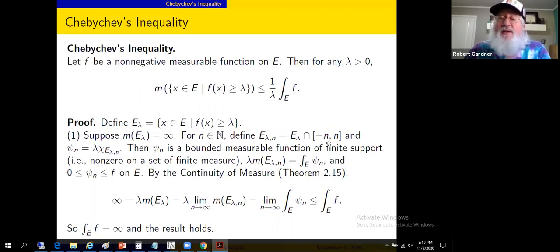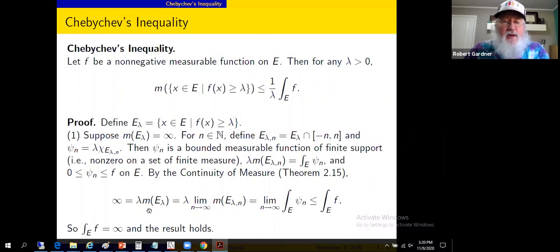And if we take a limit as n approaches infinity, the E sub lambda n will equal E sub lambda. These are nested sets, these E sub lambda n's, treating n as the index. That forms an increasing sequence of sets. So we can talk about limits of that sequence of sets. And we can deal with continuity of measure.